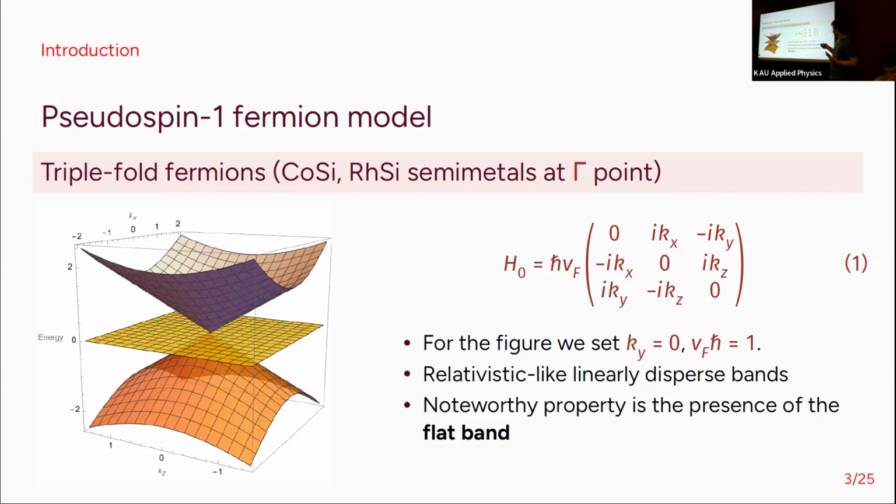So the ones which have this dispersion are called pseudo-spin-1 fermions, and they can be described by these Hamiltonians. That's where they have their name. This Hamiltonian is a linear combination of SO(3) generators.